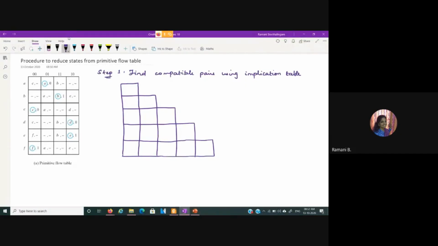So this will be our implication table structure. B, C, D, E and F along the rows, and A, B, C, D and E along the columns. So we have left out the first state along the rows and the last state along the columns. Now we shall start comparing.